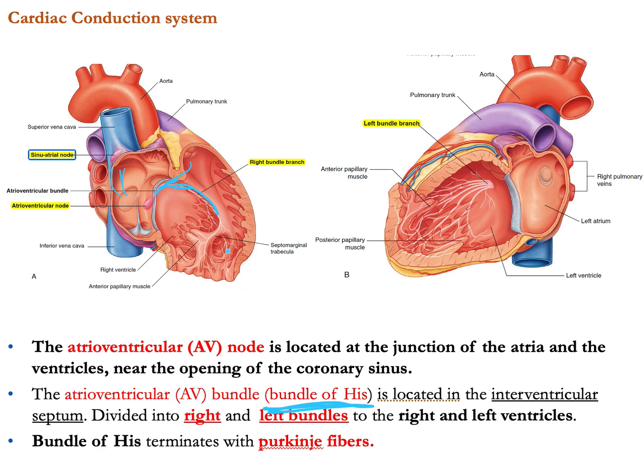I think you remember, a couple of slides ago, we mentioned the moderator band, a specialized type of trabecular muscle. Look at the right bundle. It passes through this bridge, through the moderator band, until it reaches the ventricle and terminates with Purkinje fibers in the walls of the ventricles, as you see here, guys.